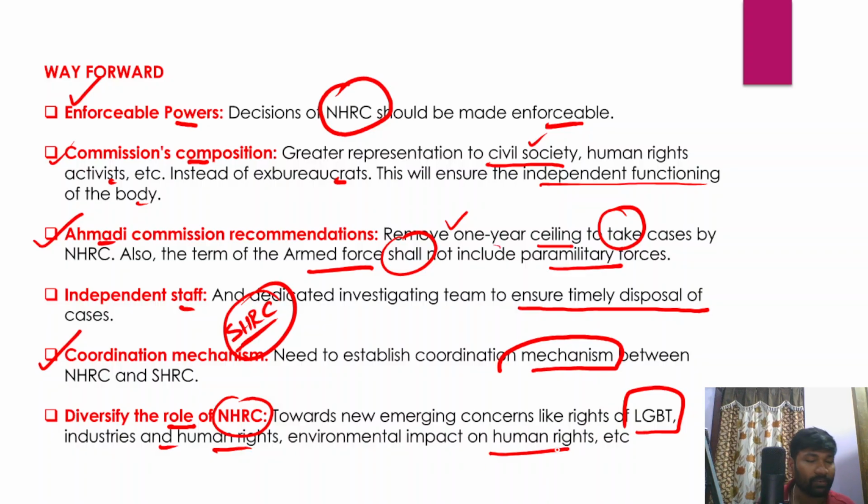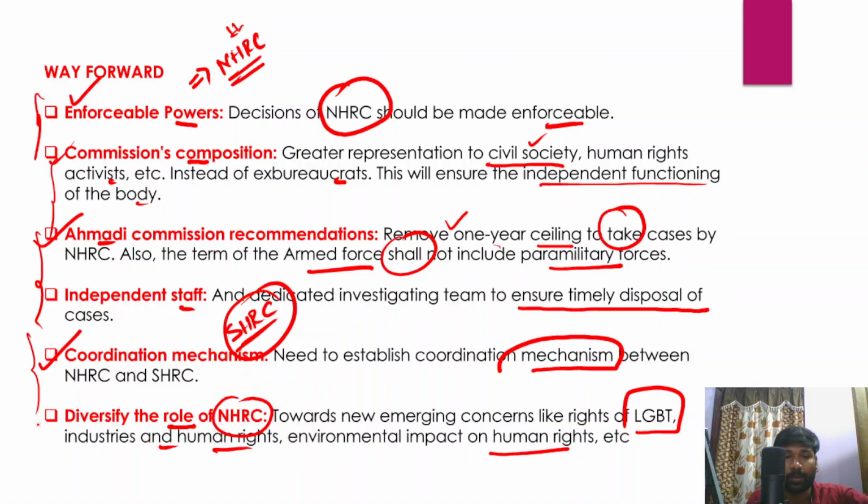All these different factors must be taken into consideration to make NHRC a tiger with teeth. NHRC must be made a tiger with teeth, giving more powers to NHRC, and that will result in better protection and promotion of human rights of people.